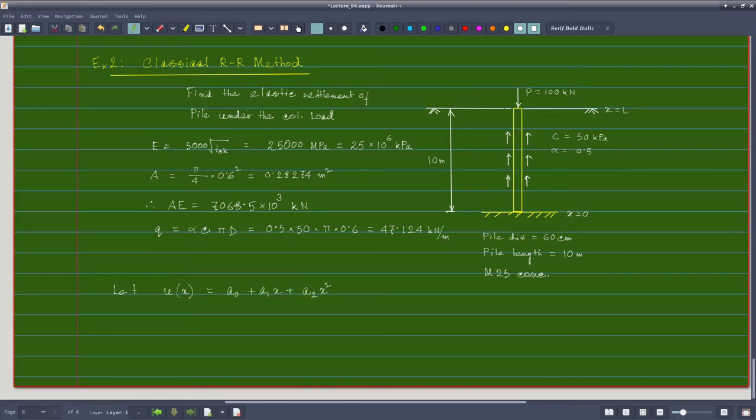Now my x I take equal to 0 at the fixed point, just like the earlier bar, and it increases towards the pile top.